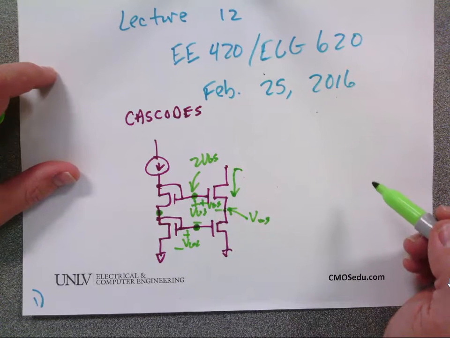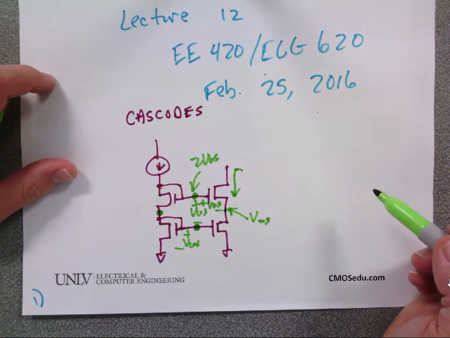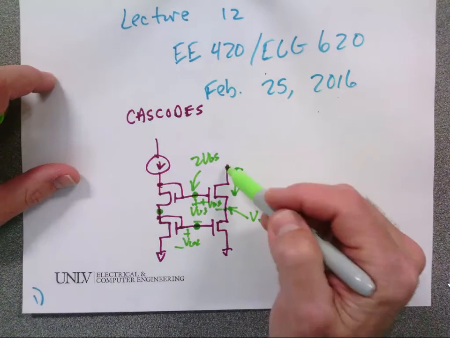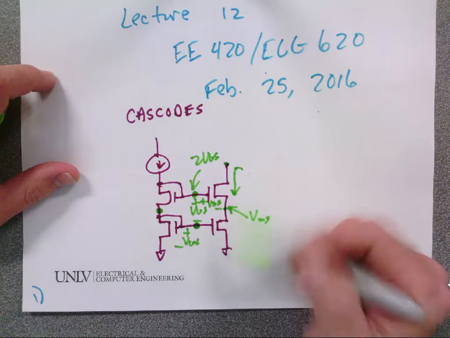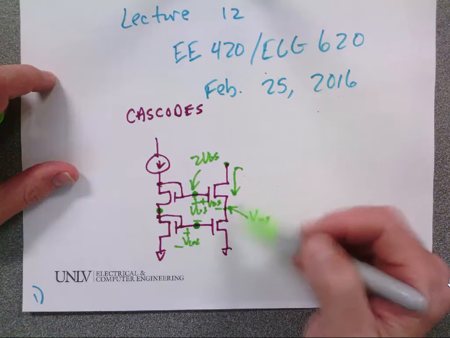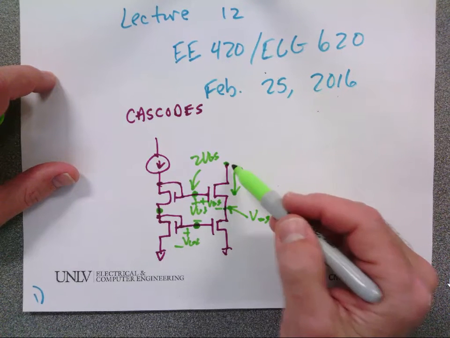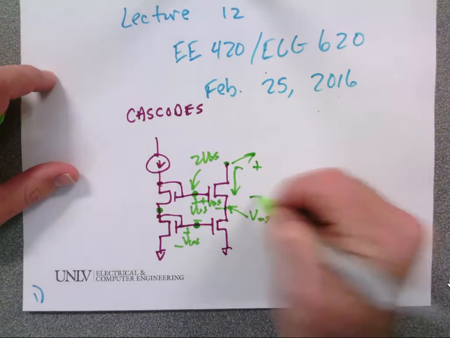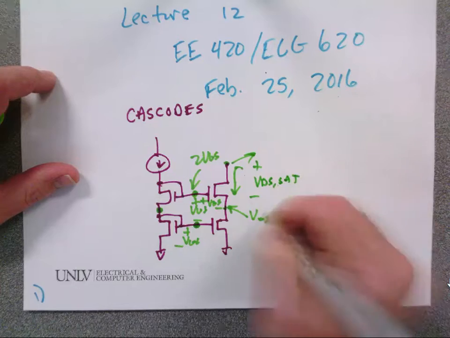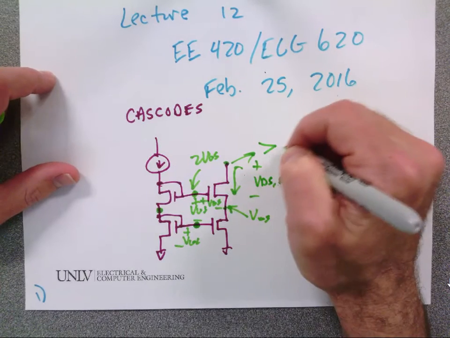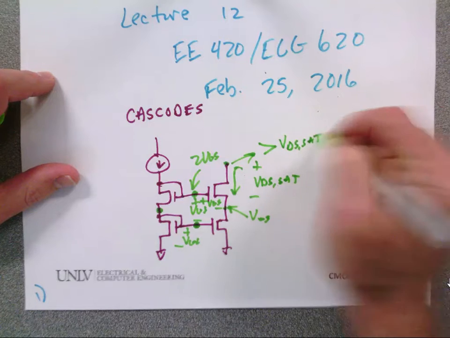How do I make it so there's no potential here? Well, I just connect this to ground, right? If I connect this to ground, there's no potential across the current sink. I'm assuming when I say VGS here that I've got a voltage here which is greater than the minimum voltage across there, which is VDS sat, plus VGS. So the voltage for both of these to be in saturation is VDS sat plus VGS.